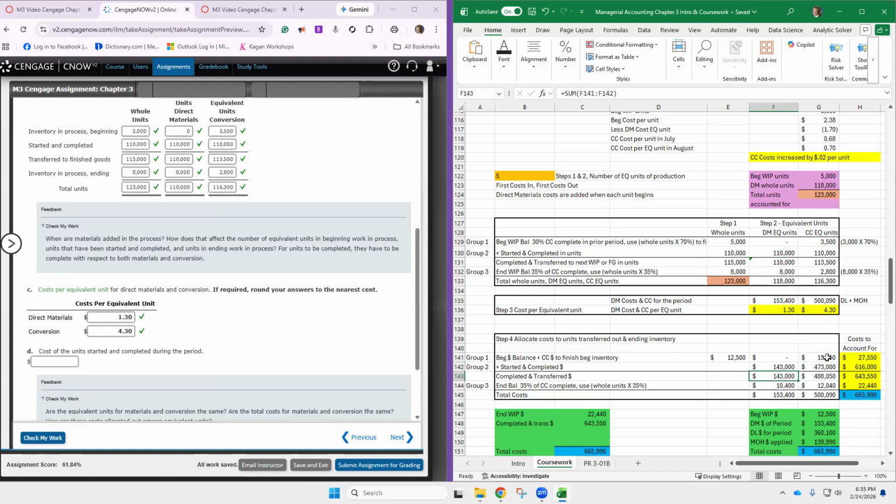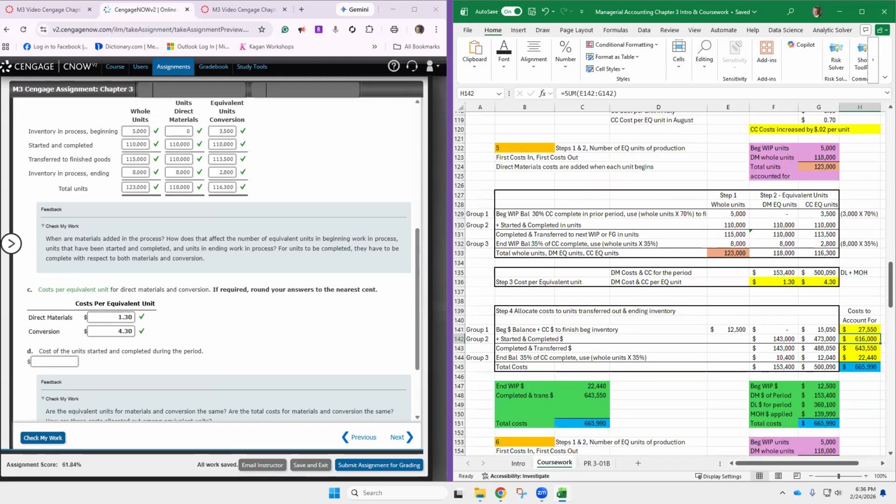And then this is 110,000 units. And this one is 110,000 units times $4.30. And so when you add these two together, you get that.